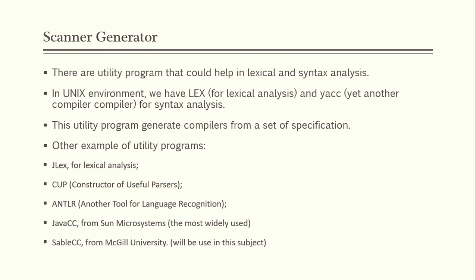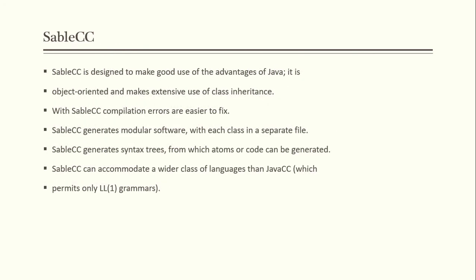For SableCC, we will see some of its features. SableCC is designed to make good use of the advantages of Java. SableCC is from the Java language, and because Java is object oriented, we can use inheritance. With SableCC, compilation errors are also easier to fix.